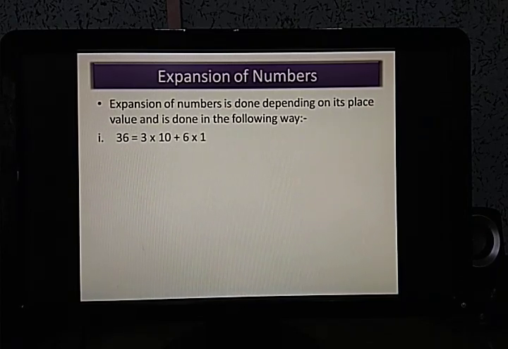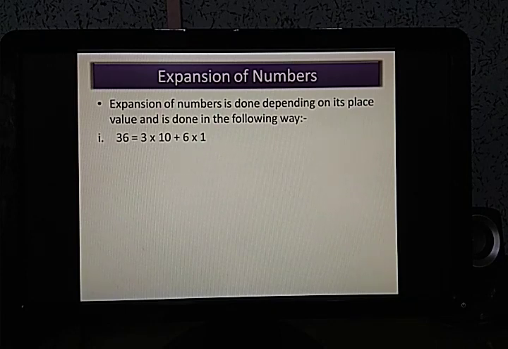If we are told to find the expansion of 36, how will we find it? 36 will be equal to 3 into 10, since 3 is in the tens place value, and 6 is in the ones place value. So what you have to do is just multiply the digit with the place value.